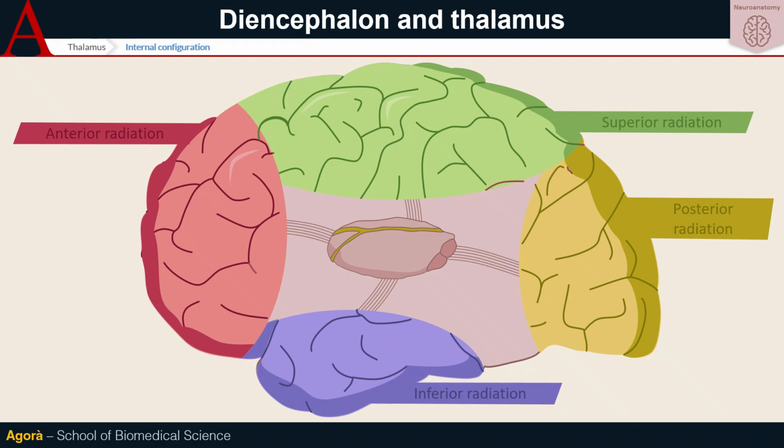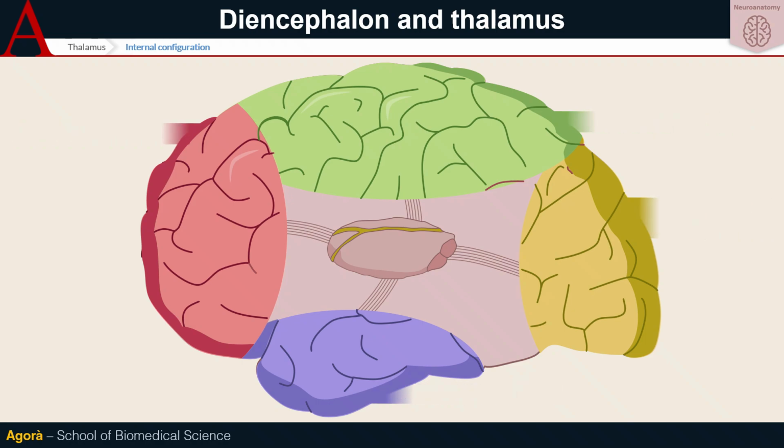Cortical projections to the thalamus are exactly reciprocal. Each cortical area projects to all sides of the thalamus from which it receives stimuli, following a topographically organized manner.